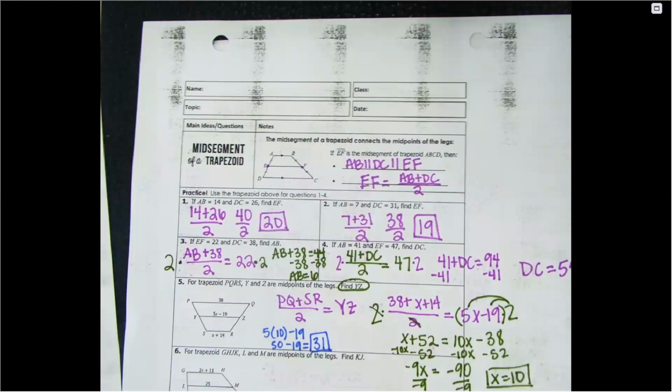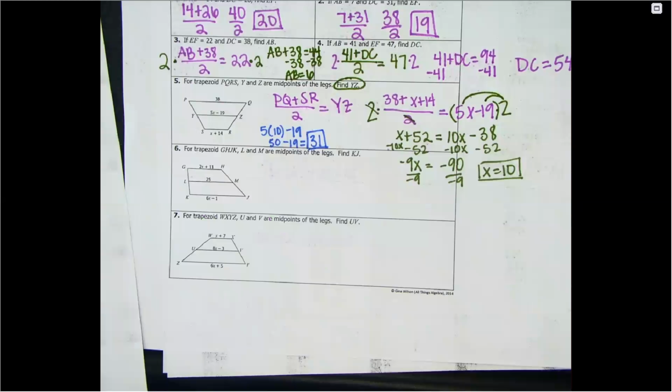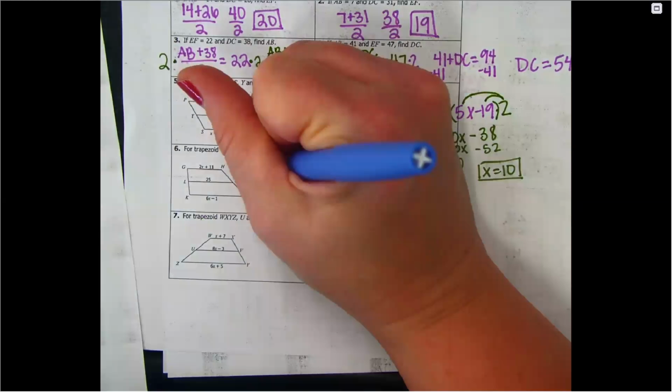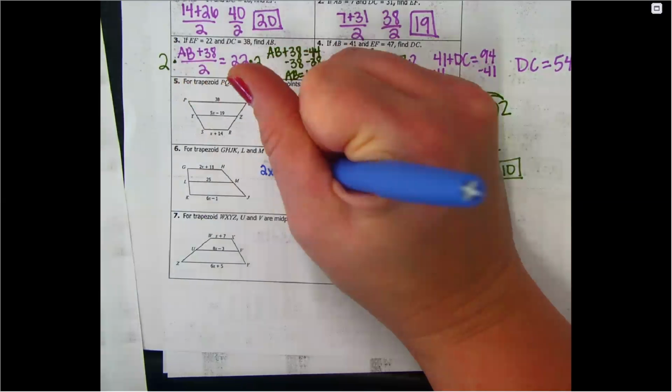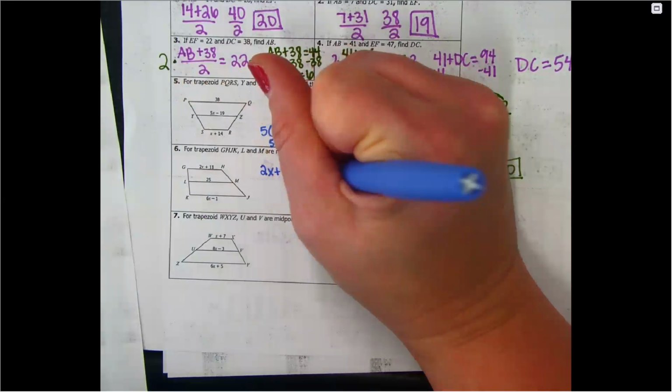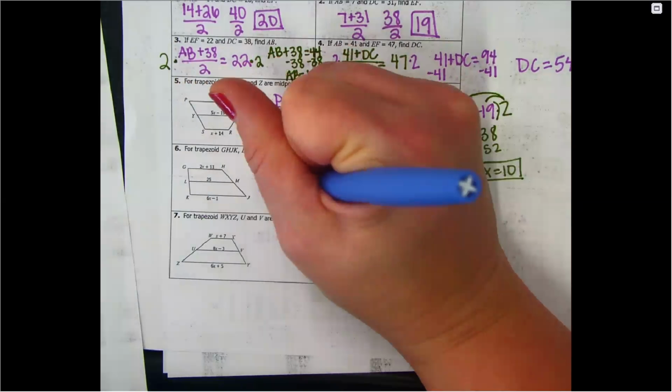Okay, number 6. How do we set number 6 up? Top and bottom, add them together. What do we do with that? Divide the whole thing by 2 and set it equal to 25.